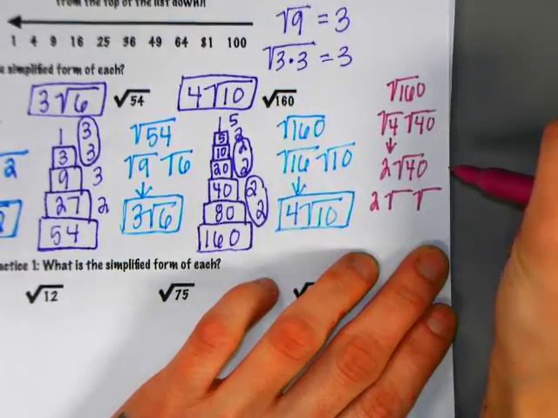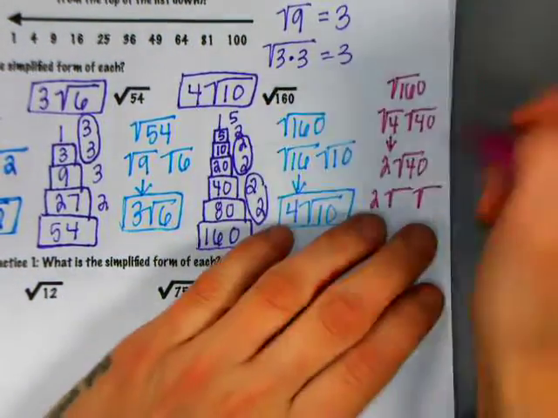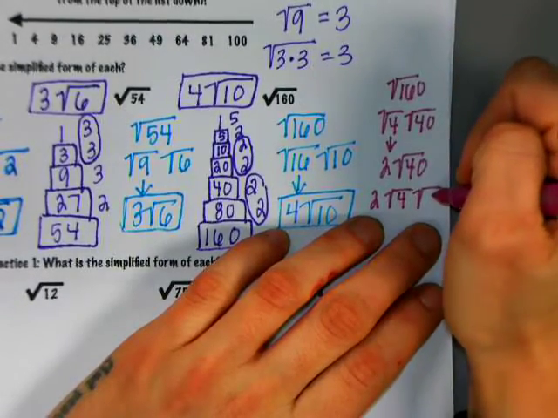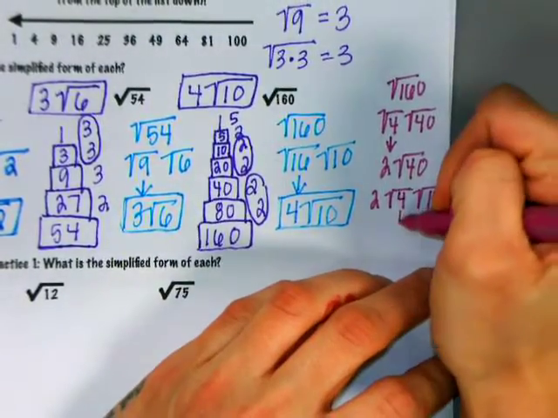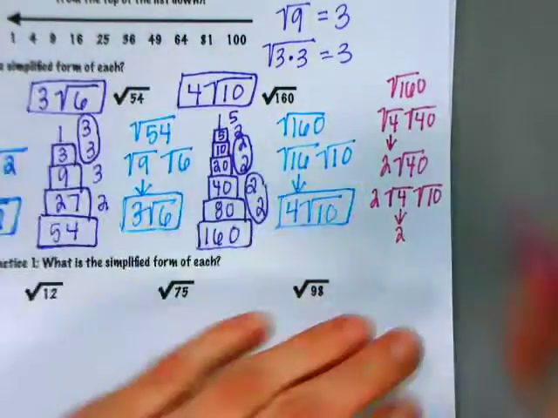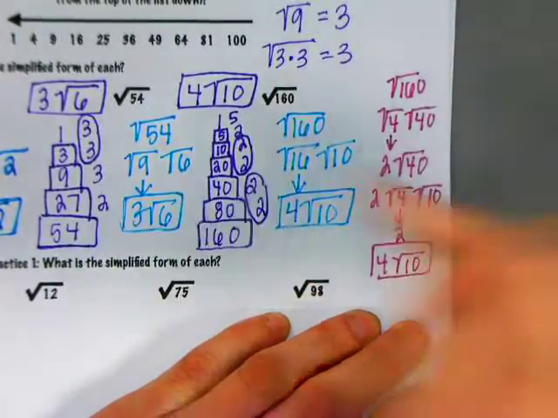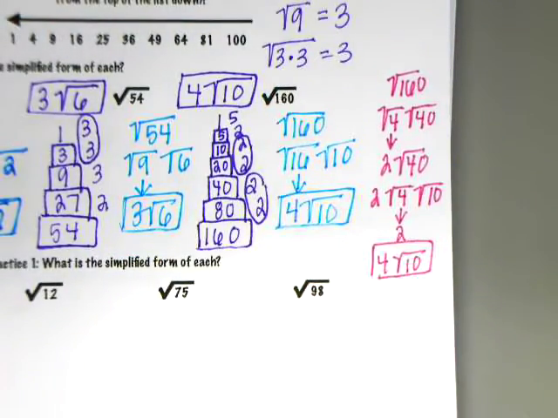Anybody? On this list, biggest number on this list that goes into 40? 4. 4 times what? 10. Yep. And then what's the square root of 4? 2. So then these will multiply. So it's 2 times 2? 4, and then bring down the radical of 10. So it's longer, but you can still get to the answer if you don't use a big enough number.